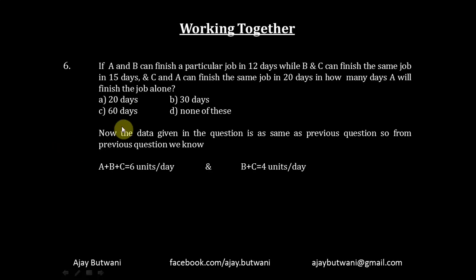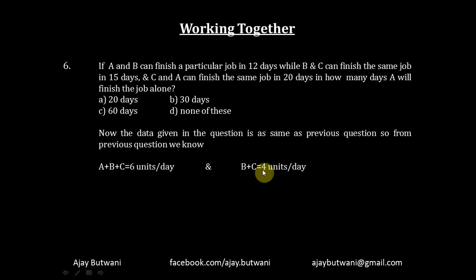So I am supposed to find in how many days A will finish the job. To find that, I need the number of units done by A in one day. To find that, I will be using these two equations which I got in my previous question. A plus B plus C can do 6 units per day, and B plus C can do 4 units per day.